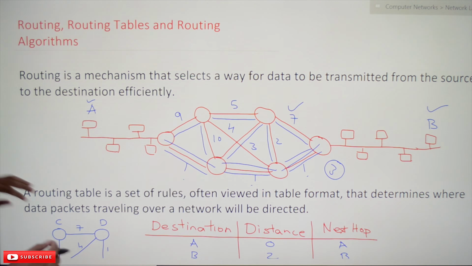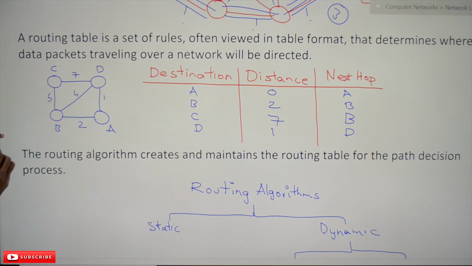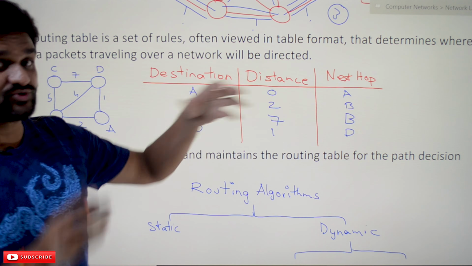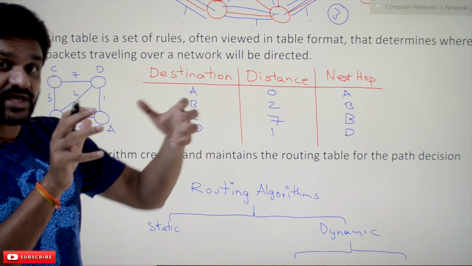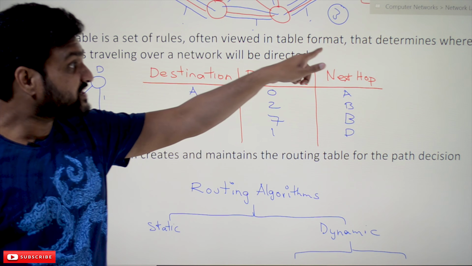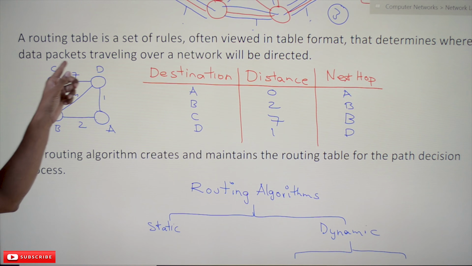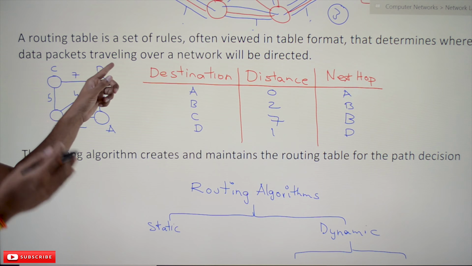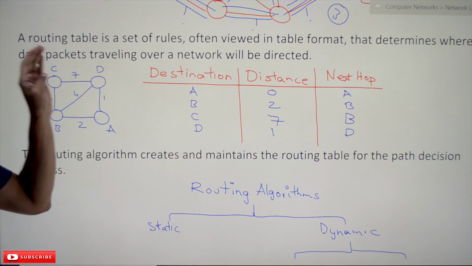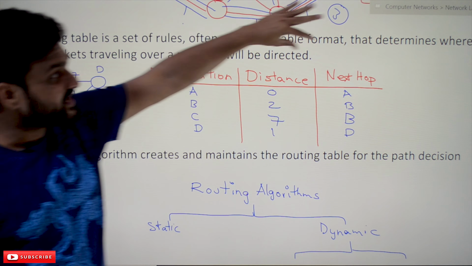The next definition is the routing table. What is this routing table? A routing table is a set of rules often viewed in table format. The routing table is always in table format, and within that it has some set of rules that determine where data packets traveling over the network ought to be directed.